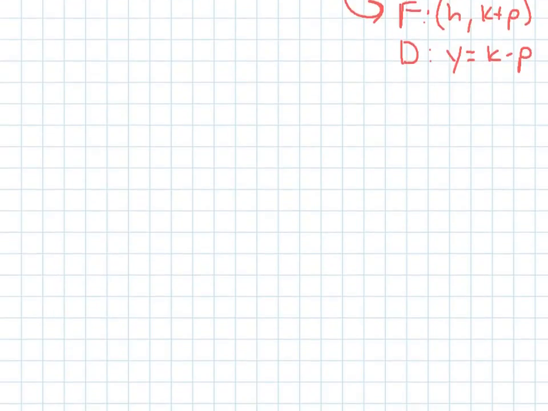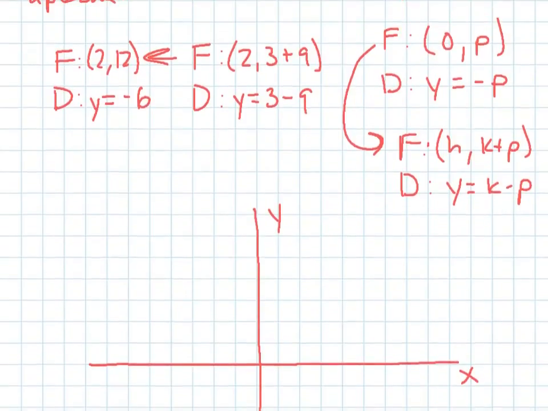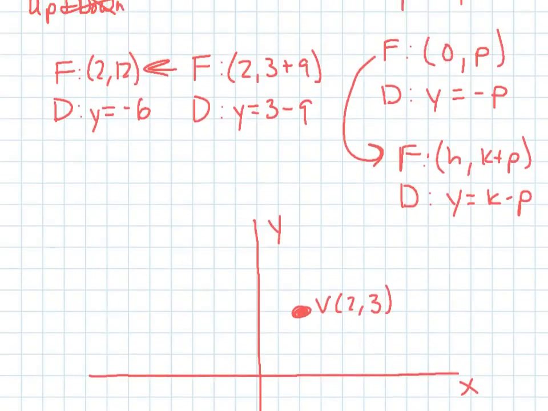Okay, so let's draw our line. My center is at 2, 3. So 3. Okay, let's go up 1, 2, 3, 4, 5, 6, 7, 8, 9. There's my focus.